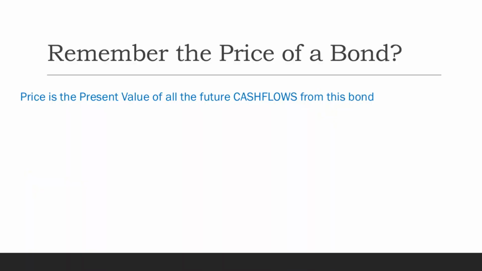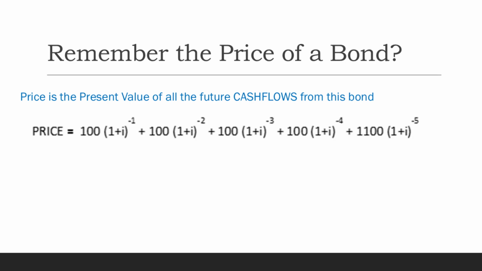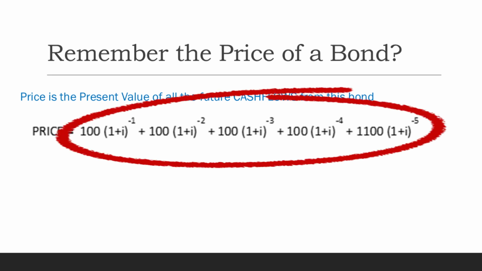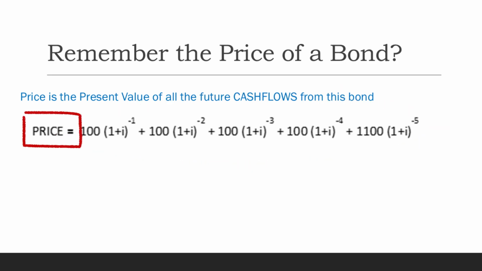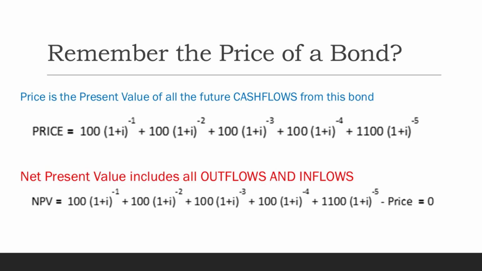Now remember our bond pricing in lesson 2? The price of the bond is merely the net present value of the cash flows at time zero given a particular interest rate for discounting those cash flows. So in return for those positive cash flows to you in the future, you pay the price, which is now a negative number because you're paying for it. And this is what it looks like.